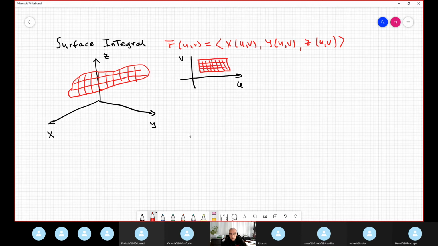So u varies from A to B, and v varies from C to D. I have a perfect parameterization for this surface. Okay, so the definition of the surface integral.